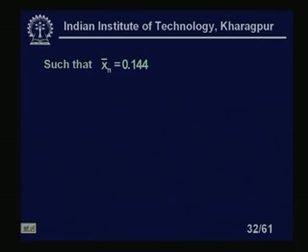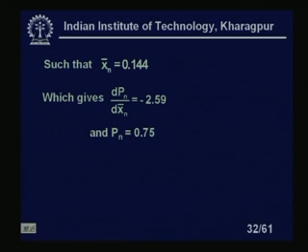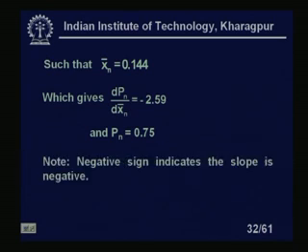That is the value for which you will get the maximum. This gives dPn by dxn bar equal to minus 2.59, and the minus sign signifies that the slope is negative, as we have seen from the graph, and Pn equal to 0.75.